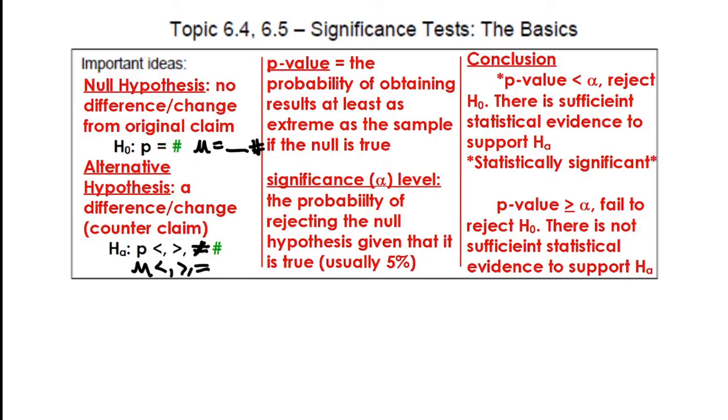It just has to be a parameter. So I'm just going to add that note. For us, that's going to be mu or P. Then we have the definition of p-value, the significance level definition, and then how we make a conclusion.